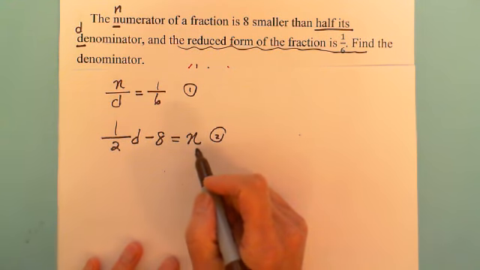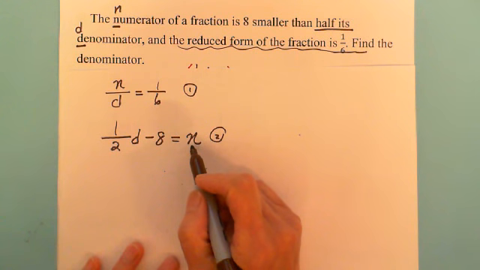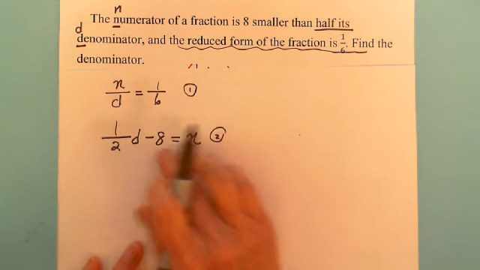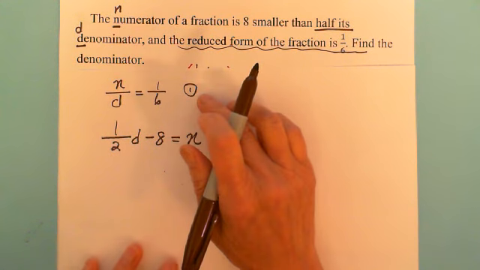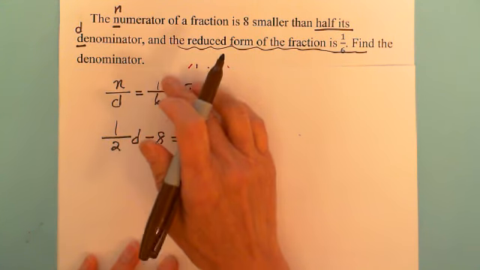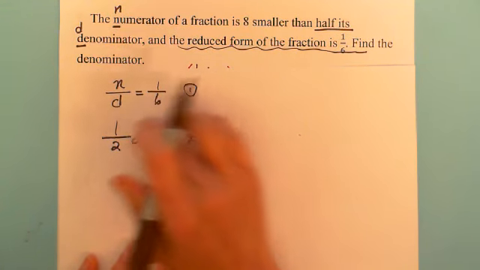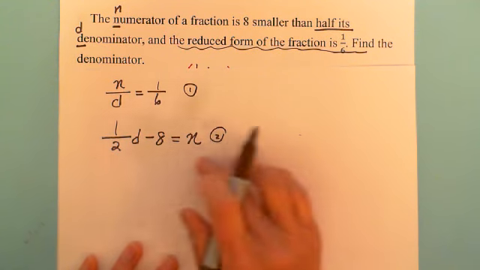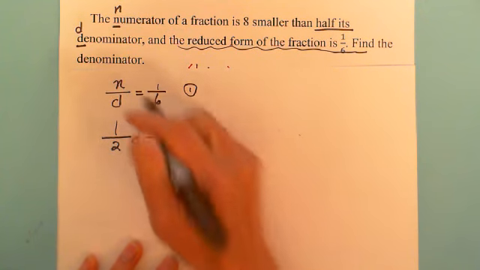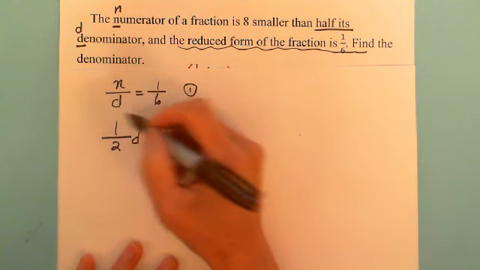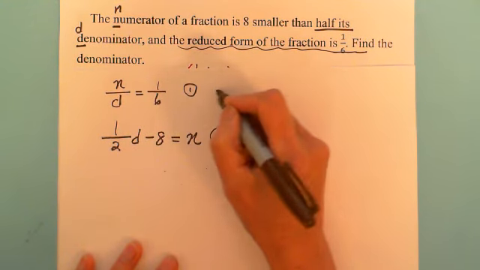First of all, this equation has n on the right side equal 1/2 d minus 8. The first equation is n/d is 1/6. This is a fraction form, but this is regular form. So let's simplify the first equation.